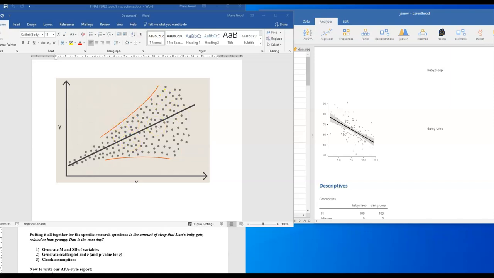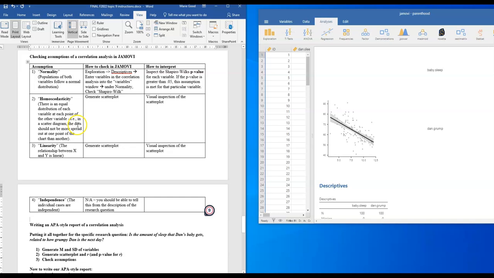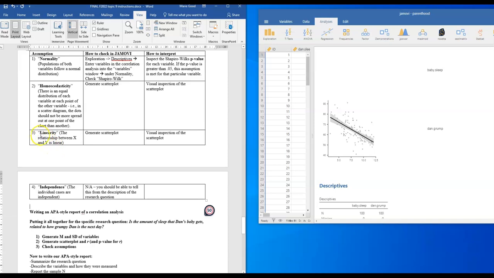What you want to see is, in the scatter diagram, the dots should not be more spread out at one point of the chart than another. And I'd say this is approximately what we have here. The third assumption here, linearity, we're also generating a scatter plot and inspecting it for linearity. Essentially, we want to get a sense that the relationship between x and y is linear.